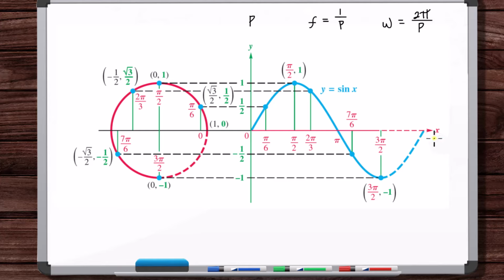If this was hot dogs, that's fine. Then it takes some number of hot dogs to go one rotation around that circle associated with the sinusoid. What's the angular frequency? How many hot dogs does it take to go a full rotation? 2 pi radians. That's the angular frequency associated with the hot dogs.